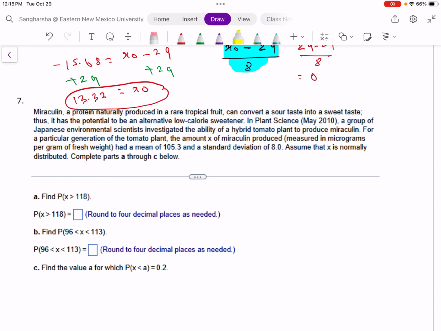For a particular generation of the tomato plant, the amount X of miraculin produced, measured in micrograms, had a mean of 105.3 and a standard deviation of 8. Assume that X is normally distributed.